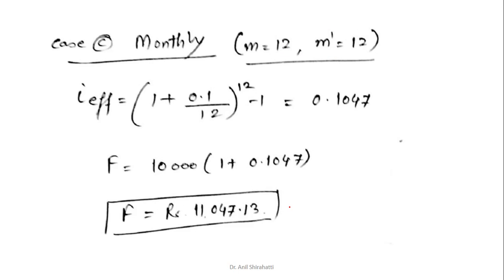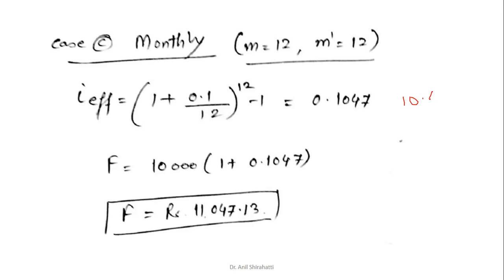Similarly, I can go for the third case where M becomes 12, because every year has 12 months. M dash is also 12, and once I substitute and calculate the I effective, I am getting around 10.47%.